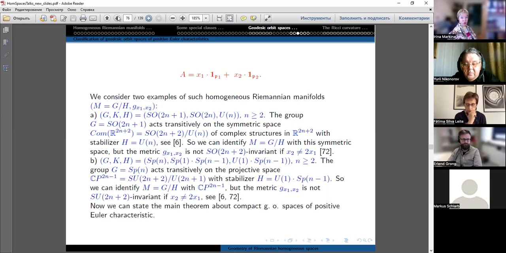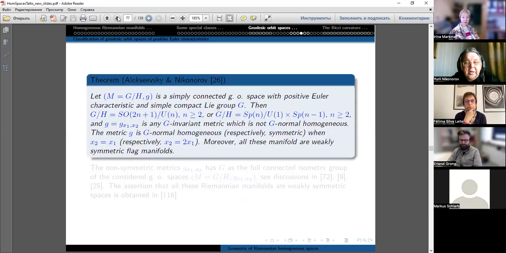This is a more detailed description of such spaces. And in our paper with Professor Alexeevsky, we generalize these results from all flag manifolds to all homogeneous spaces of positive Euler characteristics. In fact, this class is more seriously extended than simply flag manifolds.